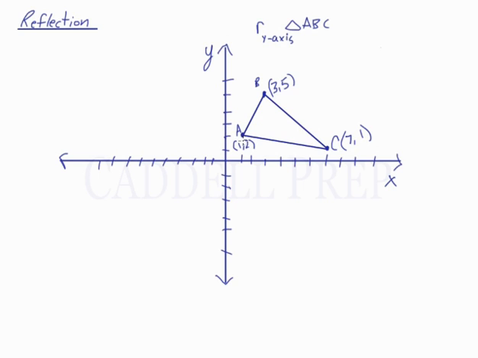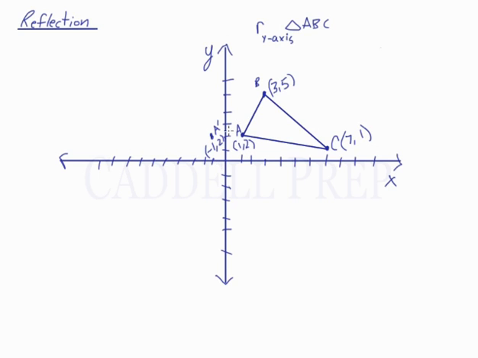We'll start with A. A is at a coordinate 1, 2. So that means it's 1 point from the y-axis. So we're just going to move 1 point beyond the y-axis. So point A ends up here. This is A prime. And the coordinate is negative 1, 2.